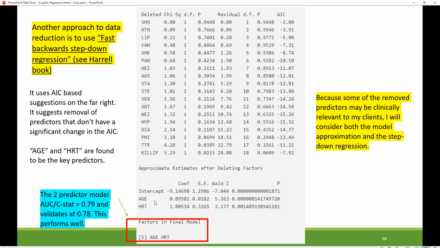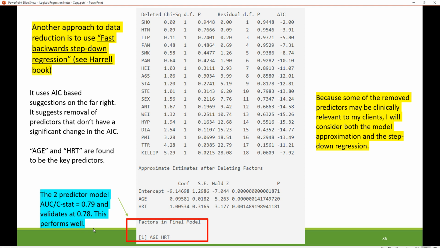So these 2 variables are not significantly different than all of the variables that we originally began with. And it says the 2 predictor model, the area under the curve, or C statistic, is 0.79 and validates at a 0.78 level. So the model validation is pretty close to the actual model.